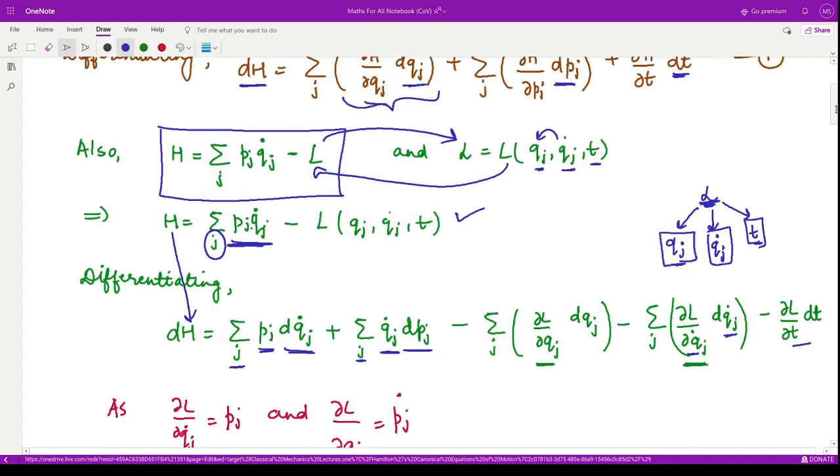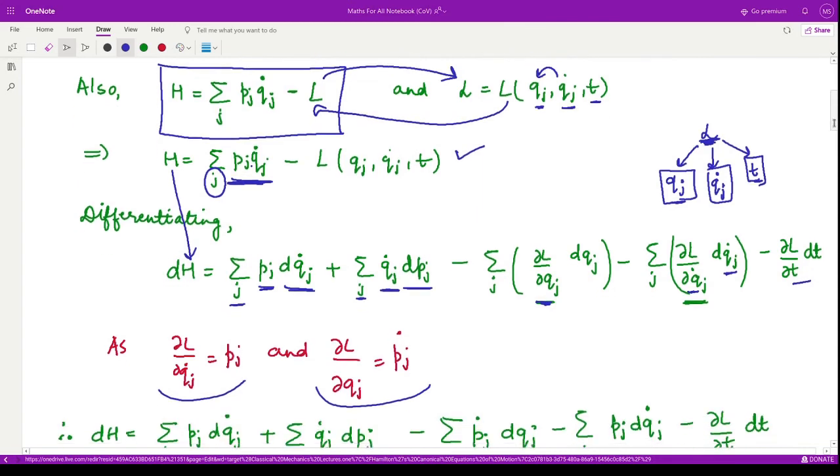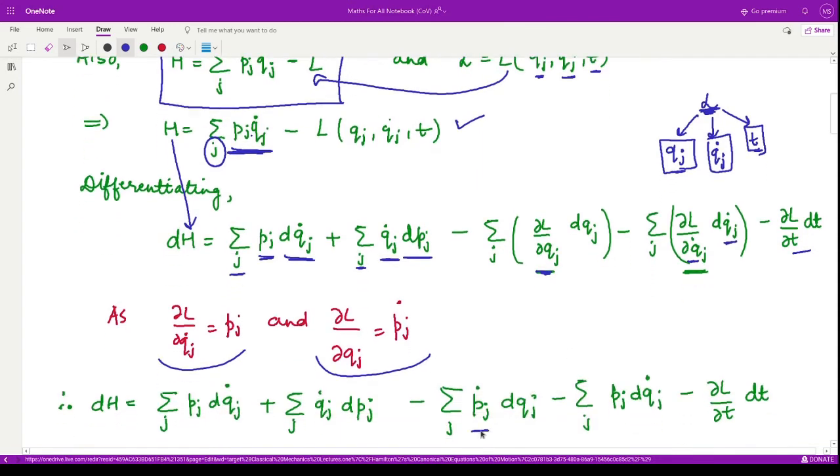We also learnt that del L by del qj dot is equal to pj, and del L by del qj is equal to pj dot. So we can use these two definitions over here. This term becomes pj dot, and del L by del qj dot becomes pj.